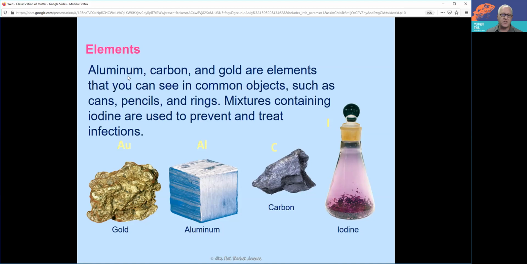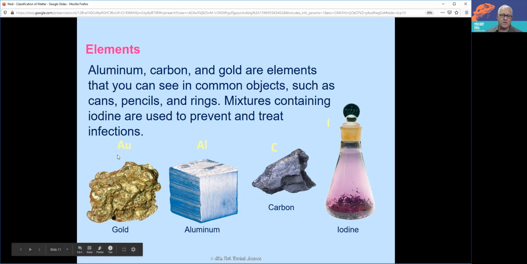Elements such as aluminum, carbon, and gold are elements that you can see in common objects, such as cans, pencils, rings, and jewelry, and mixtures containing iodine can also be used to prevent and treat infections. So each of these are individual elements that you'll find on the periodic table of elements.